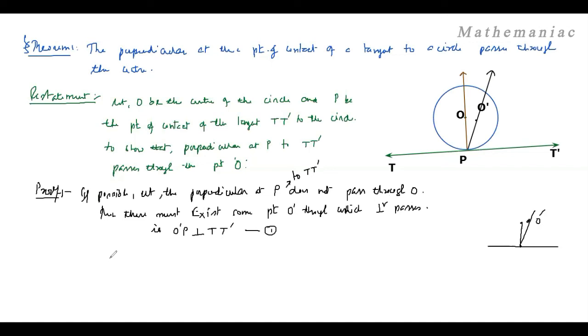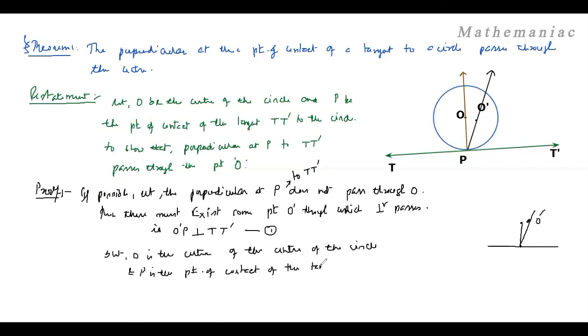Now again you try to see, but O is the center of the circle, right? O is the center of the circle. There is no confusion in this. It is the center of the circle, and P is the point of contact of the tangent T dash.